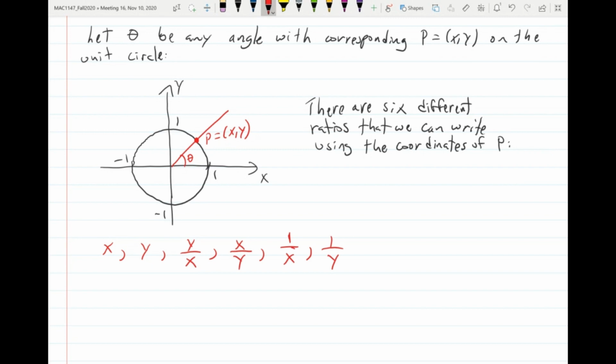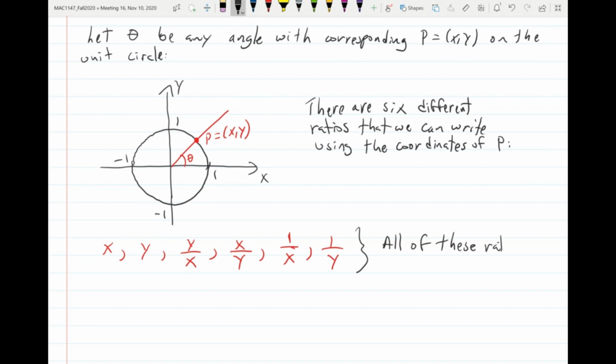Each of these ratios is going to get a name, and each of them corresponds to a different trigonometric function. Let me just write that definition. The observation here, just like before, is that all of these ratios are functions of theta. Because if you change theta, P is going to change, so x and y will change, and therefore the ratio is going to change.